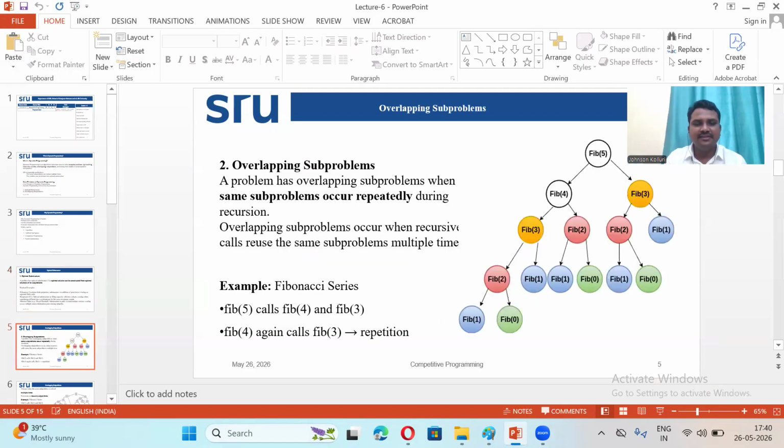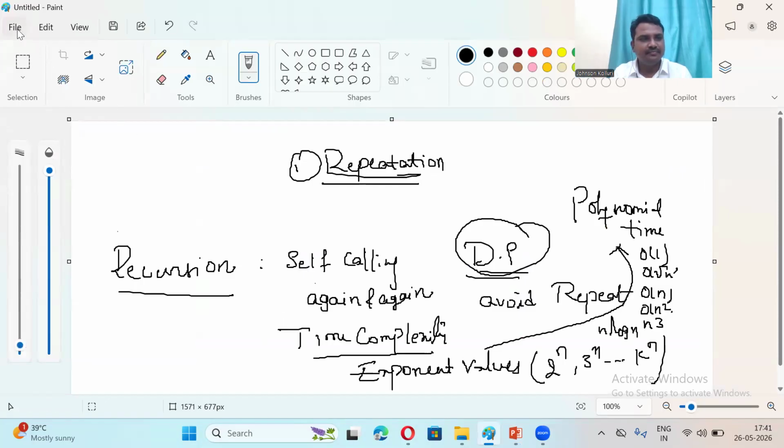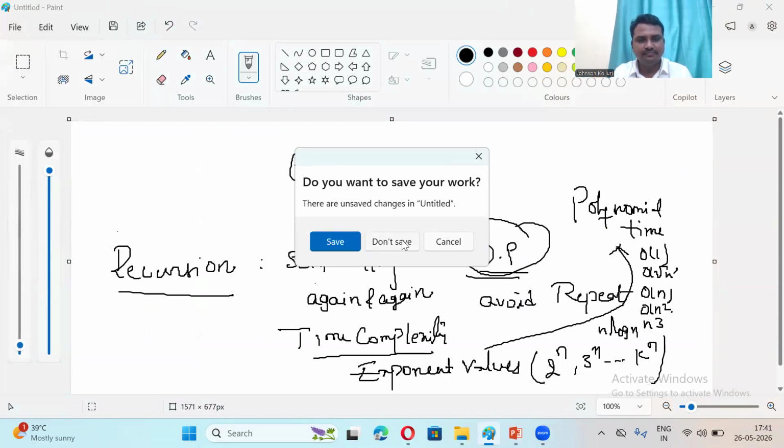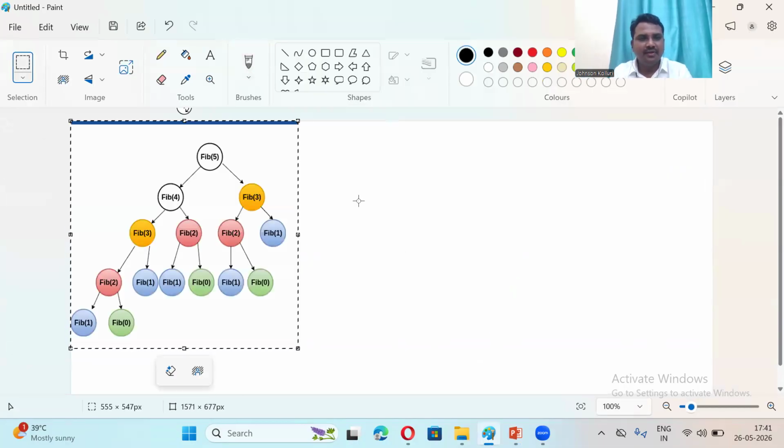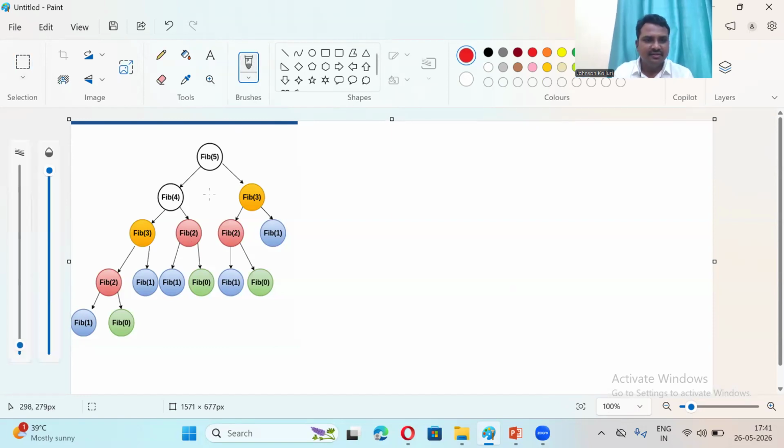Then coming to the Fibonacci sequence, everyone knows the Fibonacci sequence. When we are using recursion, what is happening here? Here you can see Fib2.